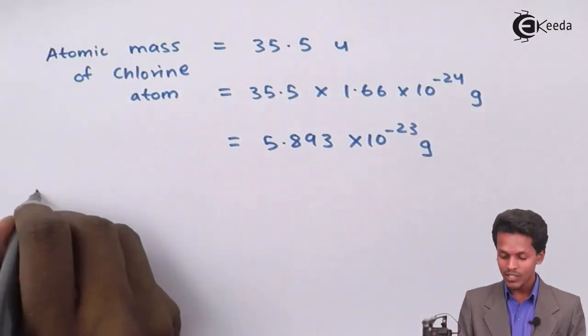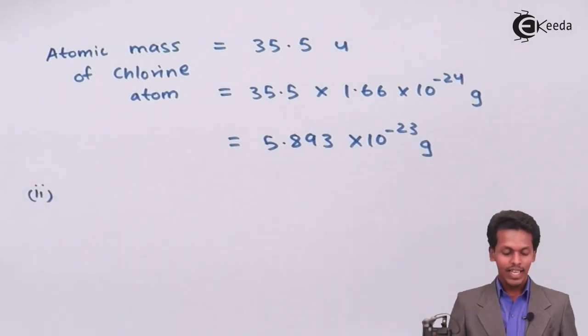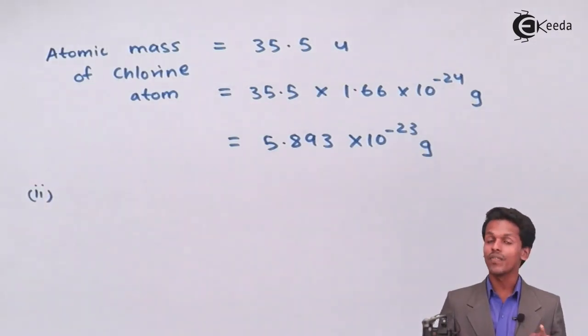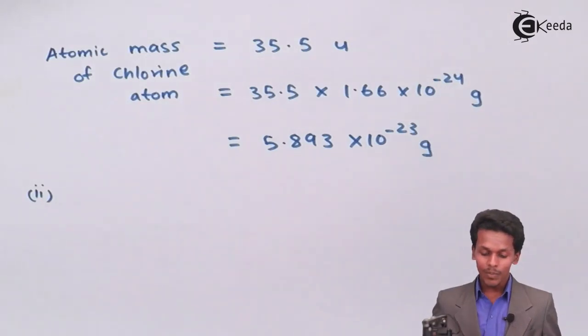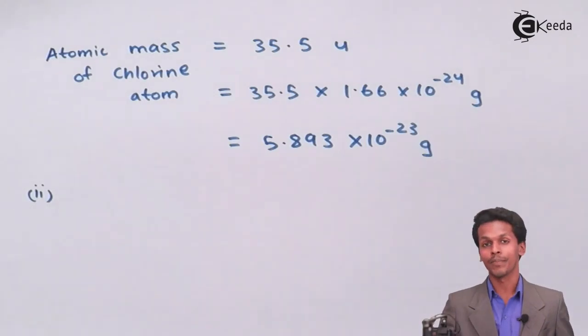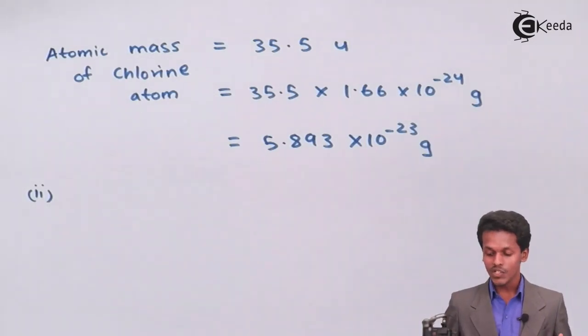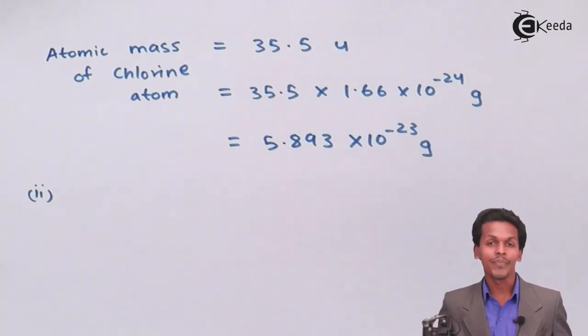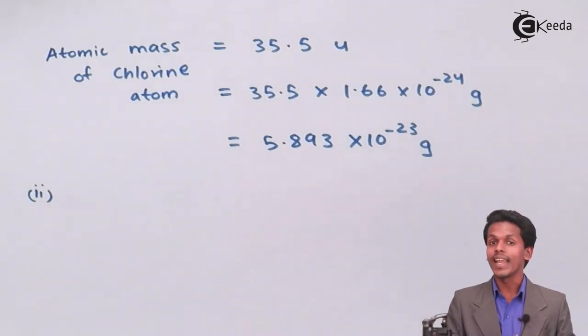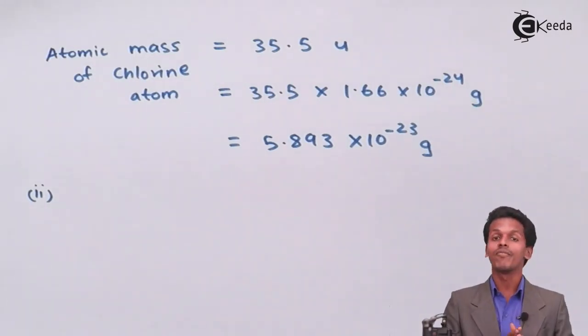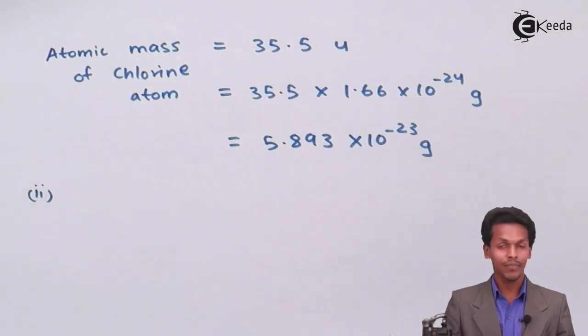And now moving towards the next one that they have asked us, that is we have to calculate the atomic mass of the element. So let me tell you, this atomic mass was of a chlorine atom, and when we are talking about elements, this mass is in gram, and for an element there will be 1 mole of the chlorine atom.